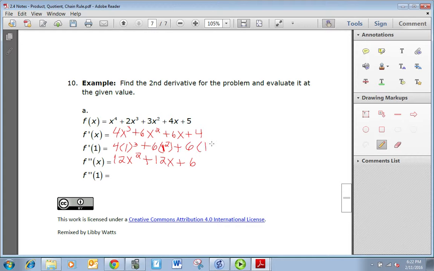Six times 1, so it's 16, and another 4 is 20. And if we plug 1 in for the second one, that's 12 times 1 squared plus 12 times 1 plus 6. So 12 plus 12 is 24, plus 6 is 30.